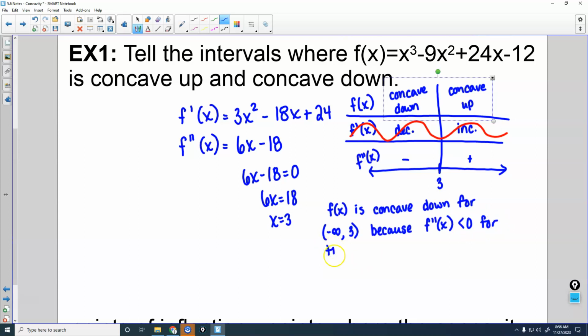And I'm having a hard time remembering whether it's parentheses or brackets on this one as well. I know that it's not going to matter because it's going to be like the increasing, decreasing thing. It should be a bracket there. I'm going to have to go look that back up.